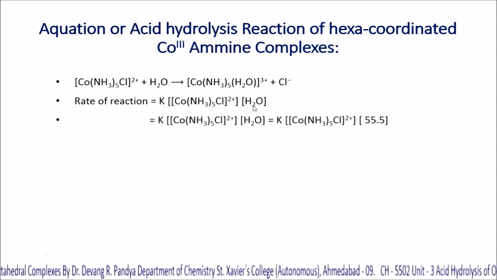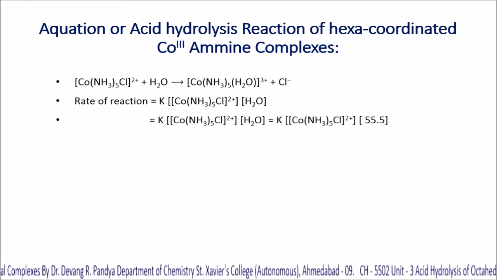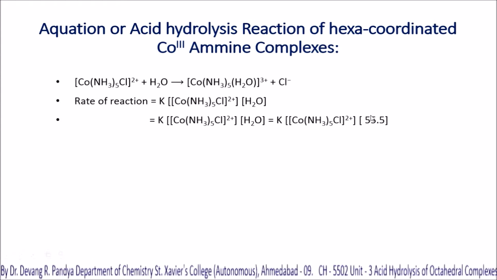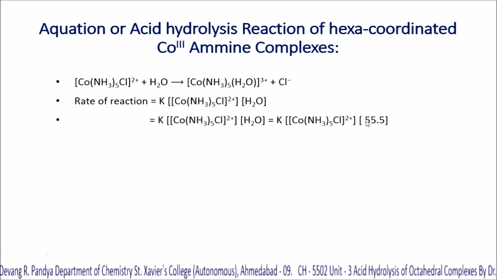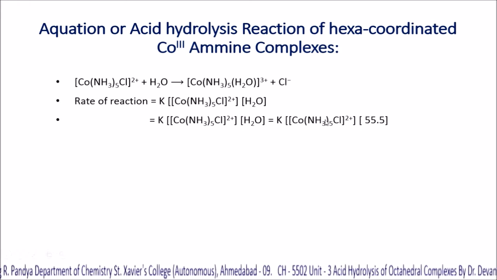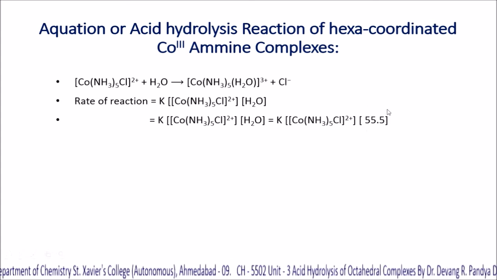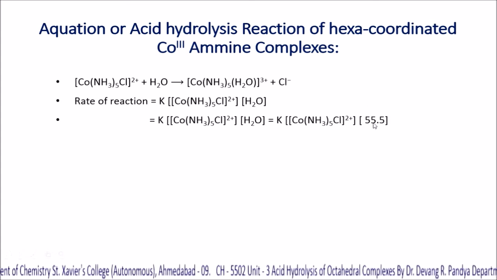But in this case, water is in excess, so its value would be 55.5 moles, and only 1 mole of water is going to substitute chloride. That means there is no major change in the concentration of water.